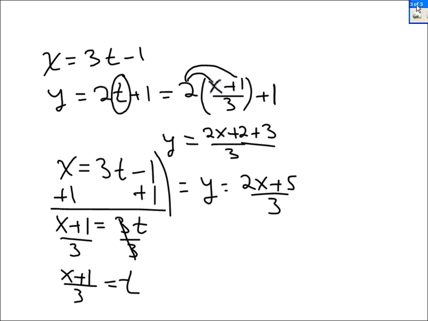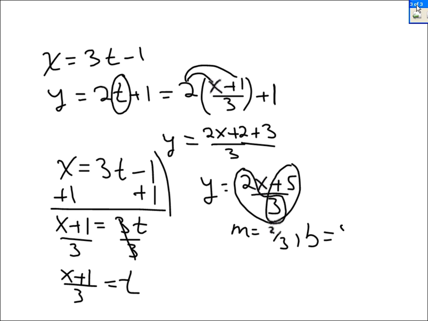It's just a straight line, where m is 2/3 and the y-intercept is positive 5/3.